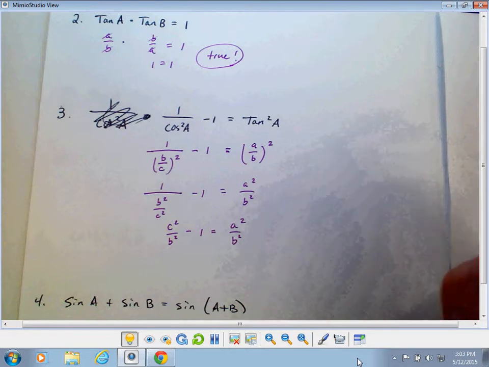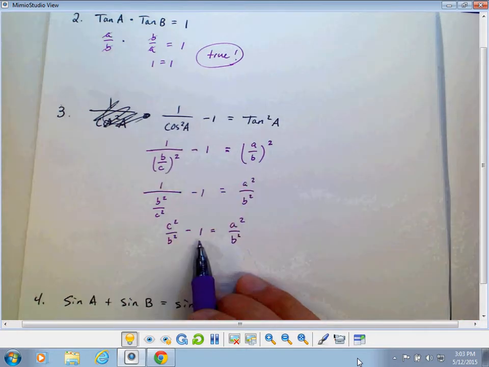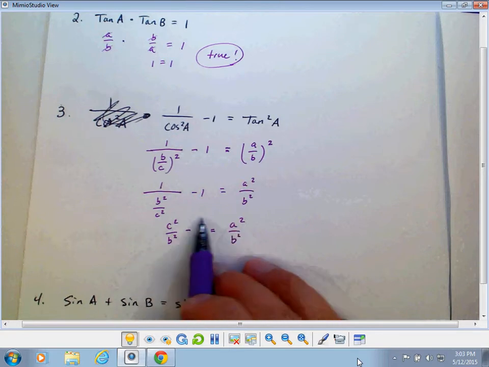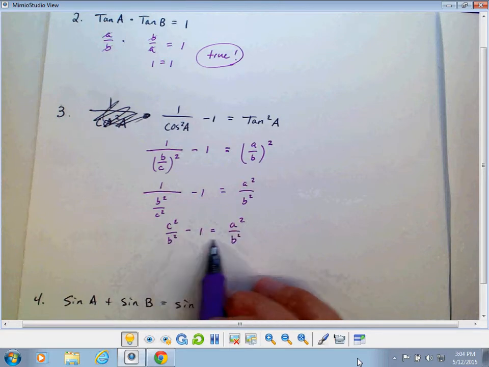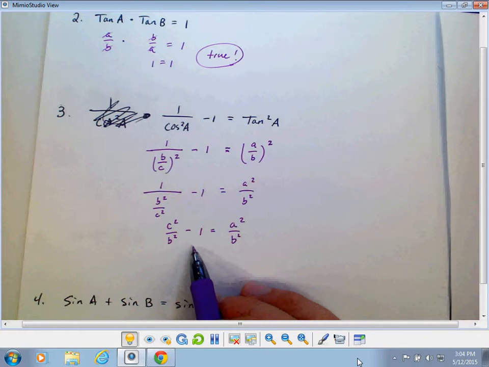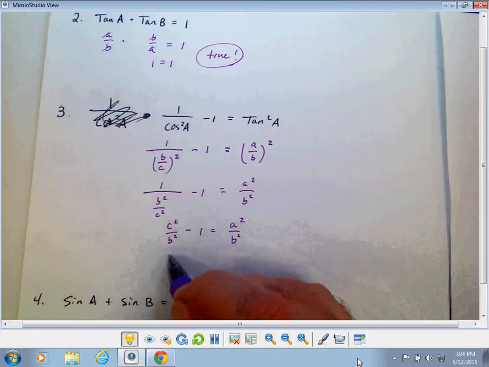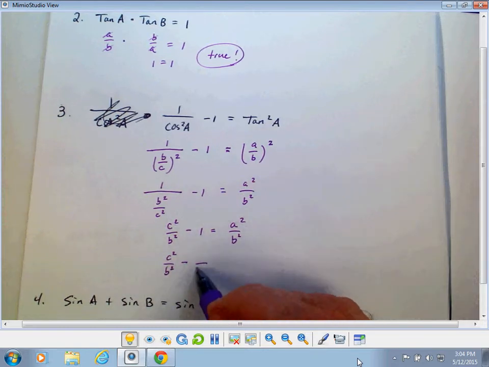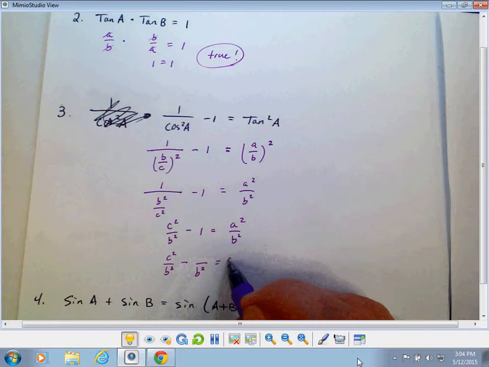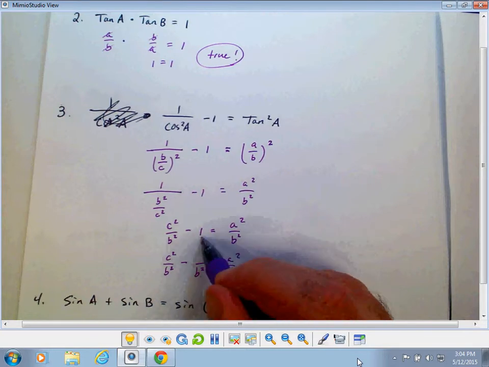Here's the catch. This 1, we can't really add or subtract it to this fraction unless it has a common denominator. So you have to think to yourself, if I need this 1 to somehow be something over B squared, to be able to add it, it's got to be over B squared. So the question is, what over B squared is still equal to 1? The answer is B squared.